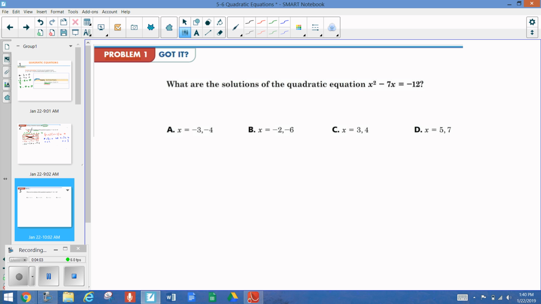What was the standard form? x squared plus, there you go, equals 0. Is that in the same format? No. So how am I going to make that in this form?